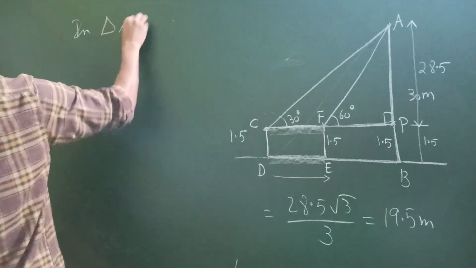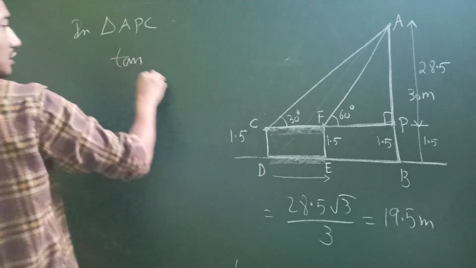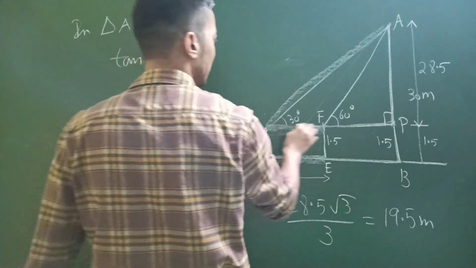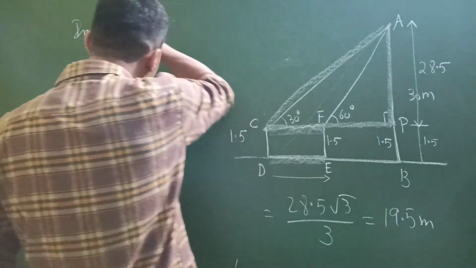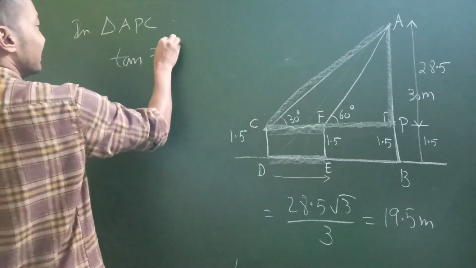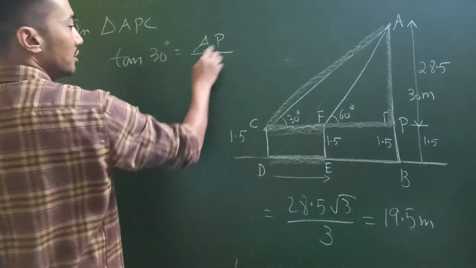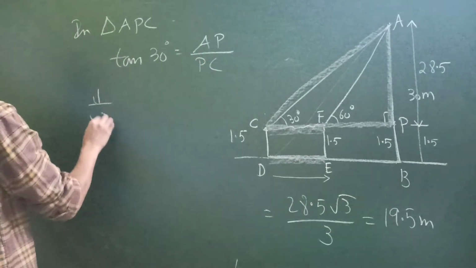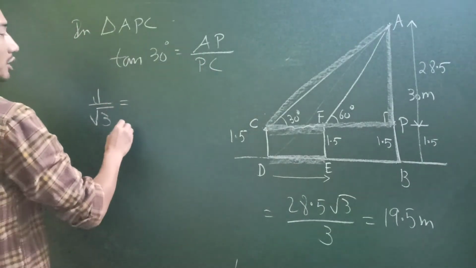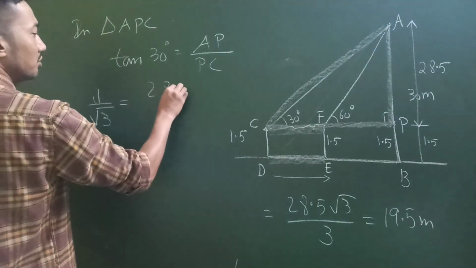In triangle APC, let's continue with the bigger triangle. In triangle APC, our job is to find out this one. Tan of 30 degree will be equal to, again, AP by PC. Tan 30 is 1 by root 3. AP, again, 28.5.